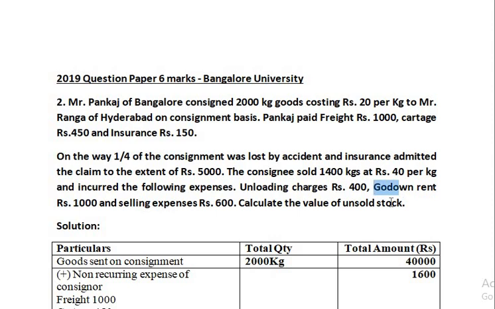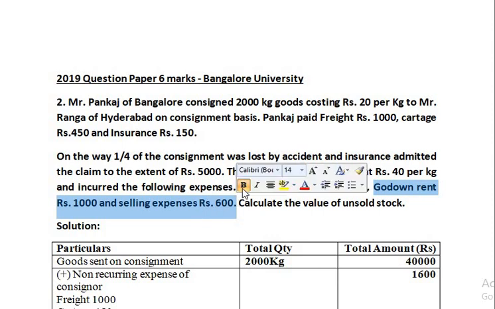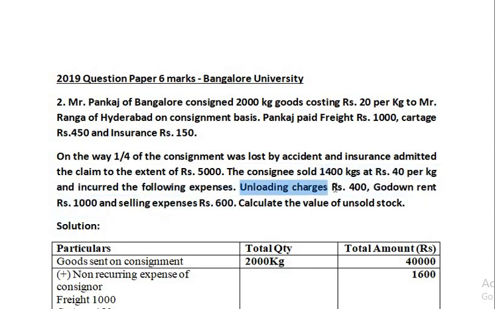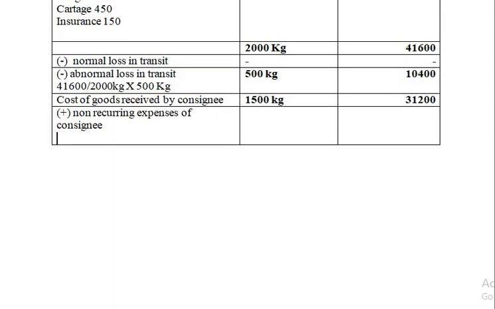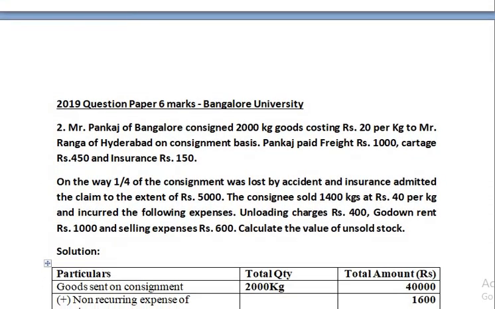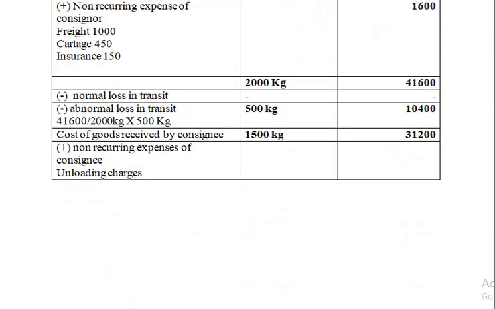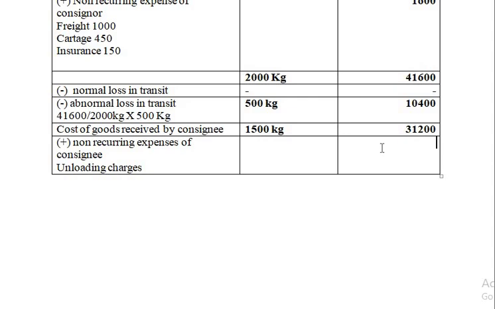But godown rent and selling expenses were incurred after the goods reached the consignee's place, so they should not be taken. Take only unloading charges, rupees 400.